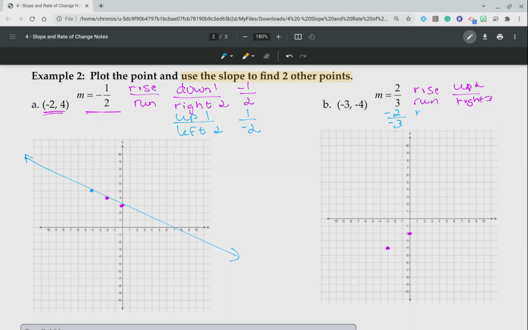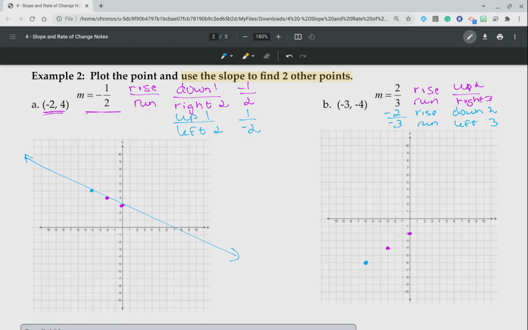So if I were to do my rise over run for this one, this is going to be down 2, left 3, because those are my 2 negative directions. So from here, I'm going to go down 2. I keep doing 2 on the bottom. It's 3. 1, 2, 3 to the left.